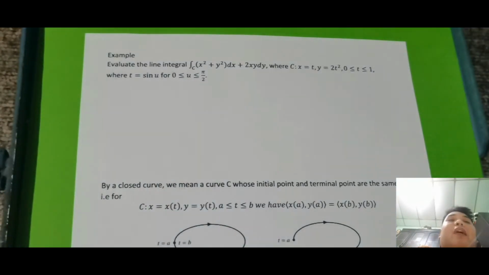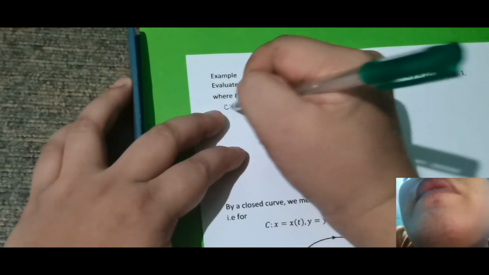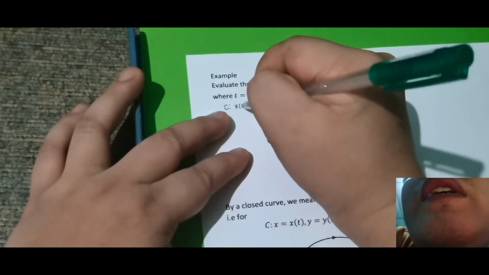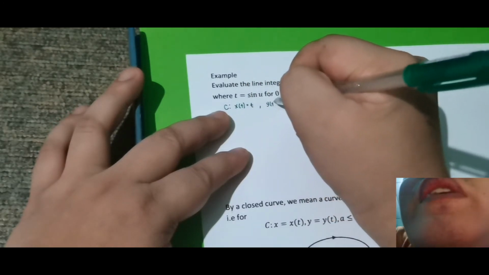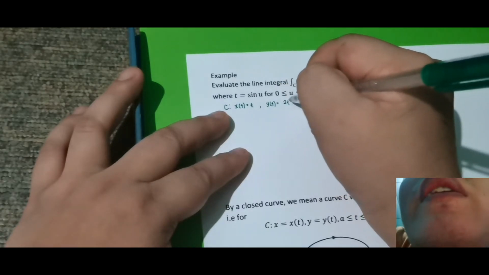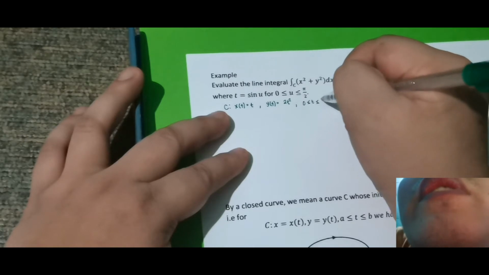So kung napansin mo, parameterized na si x and y by t, but t is parameterized by sine of u. So nagkaroon siya ng panibagong parameterization. So let's sulatin natin yung parameterization niya. So ito yung C, this is x of t is equal to t, then y of t is equal to 2t squared, for 0 less than or equal to t less than or equal to 1.